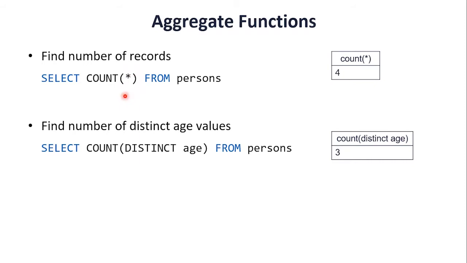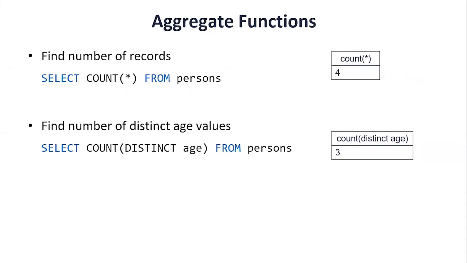And the rest is again similar, from persons, whatever the table name. So if we consider our example table, when we run this query, we should get the result as count 4. So there's only one column and one row.